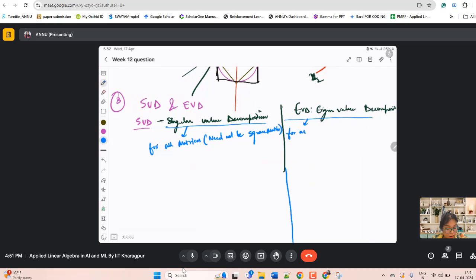EVD is not for all matrices, it needs to be square, which is also called spectral value decomposition.